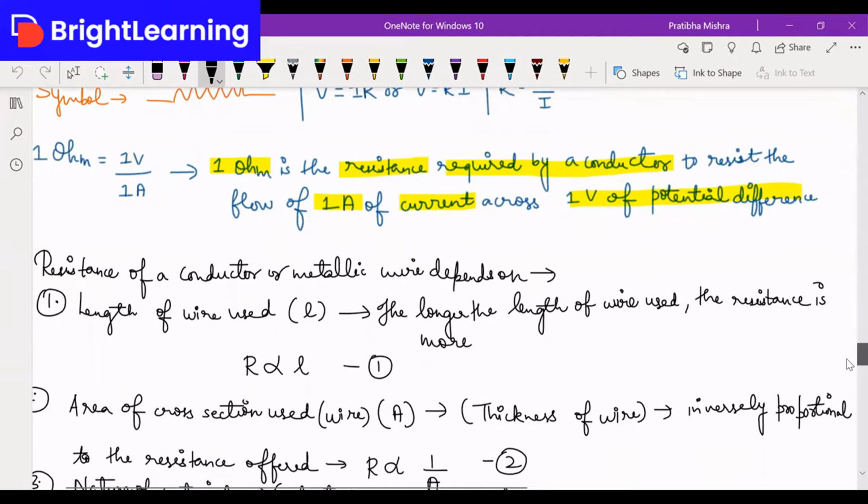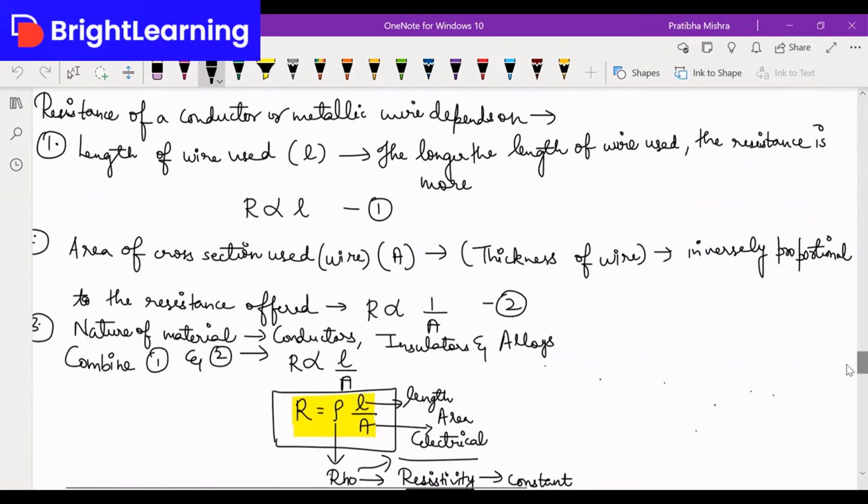Now, the factors on which the resistance of a particular conductor can depend: the length of the wire used. Related to the length, the resistance is directly proportional.